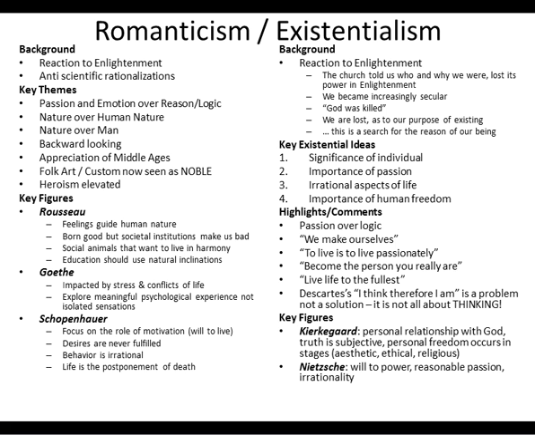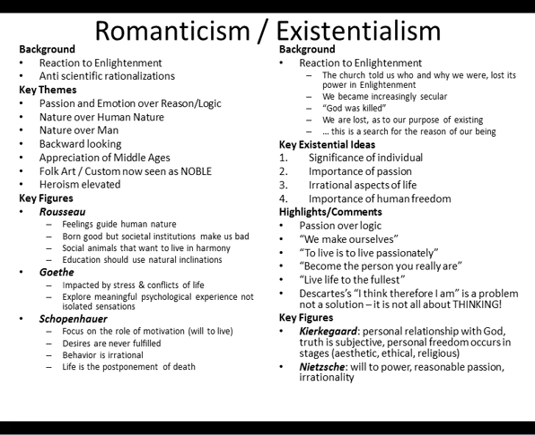They were anti-scientific rationalizations. The key themes during the Romantic period were passions and emotion over reason and logic, nature over human nature, nature over man, more backward looking, an appreciation of the Middle Ages, folk art and custom now seen as noble, and heroism was elevated. Everything was sort of like bigger and larger than life.